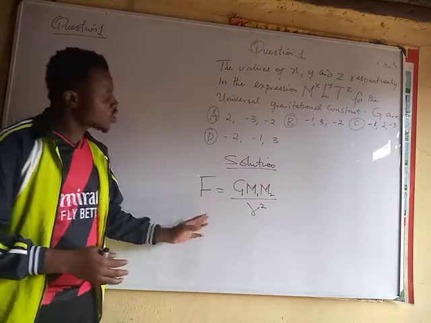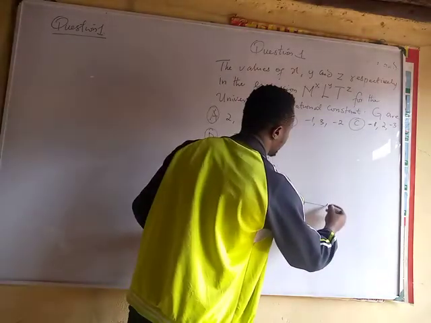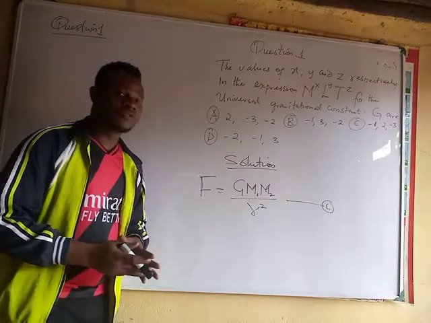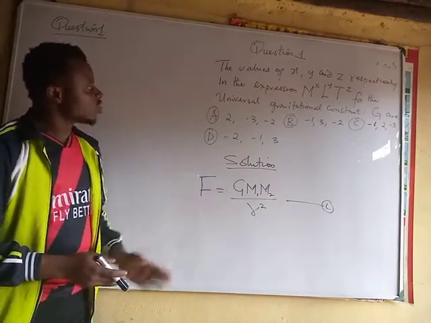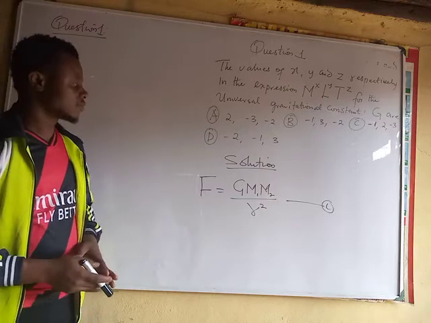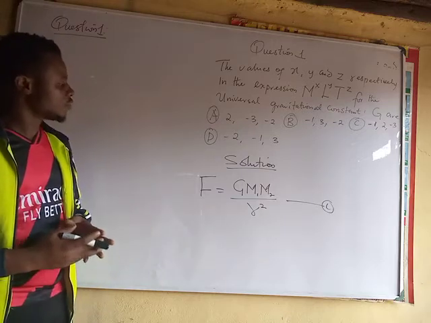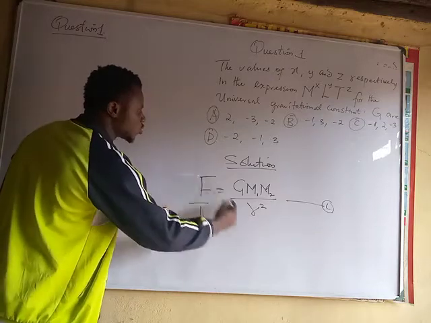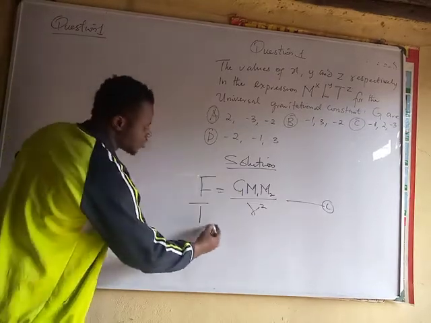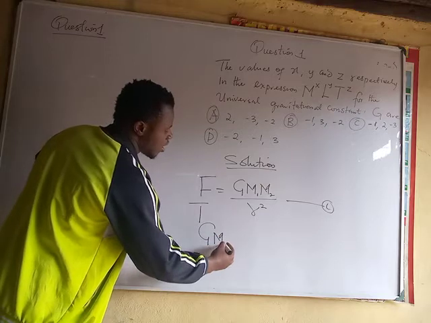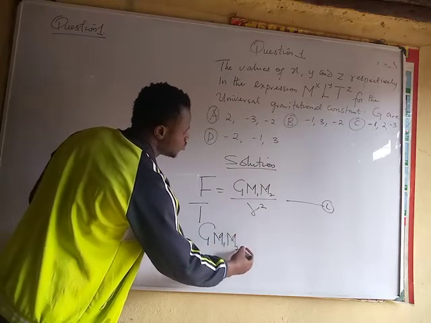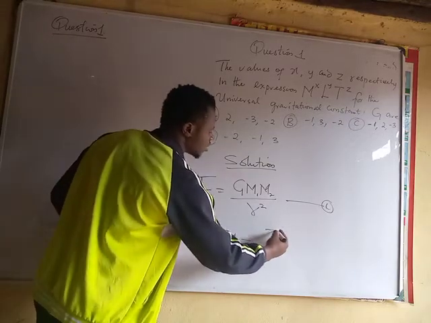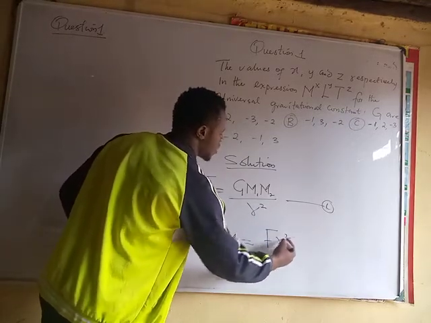Now, from equation number 1, we can make G the subject of the formula, where G is called the universal gravitational constant. To make it the subject of the formula, this 1 over 1, when you cross multiply, we are going to have G m1 m2 is equal to F r squared.